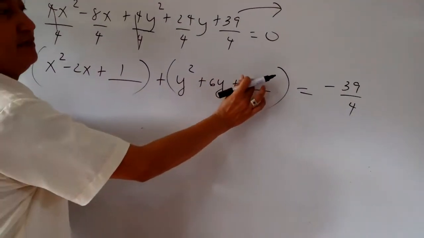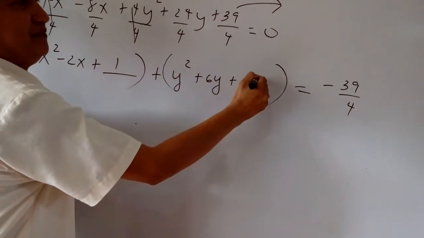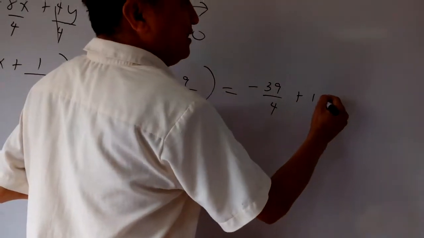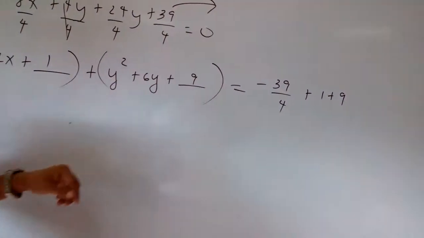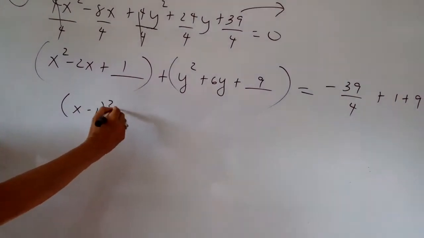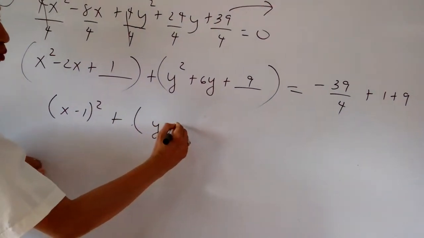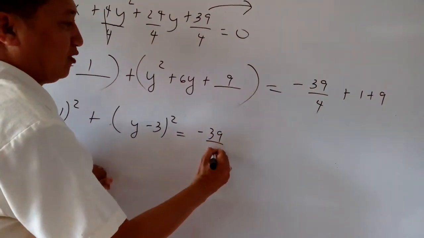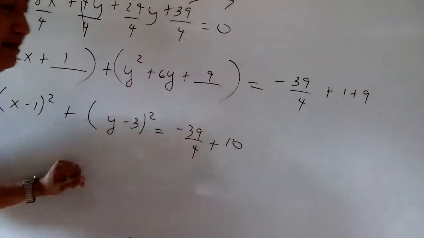What will be here? 9. This will be 9. So, you add 1 and 9. Factorable, the quantity of x minus 1 squared plus the quantity of y plus 3 squared is equal to negative 39 over 4 plus 10.